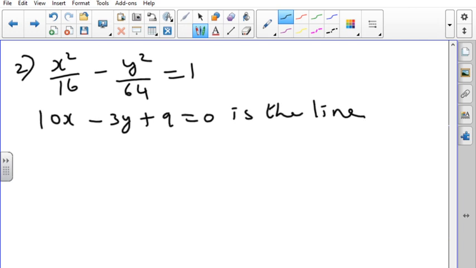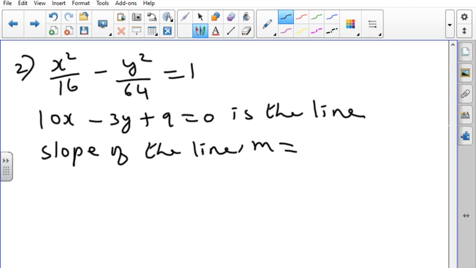So what about the slope of this line? The slope of the line is taken as m. So m is equal to, when a line is given, what's the formula? Minus a by b, that is minus coefficient of x by coefficient of y.